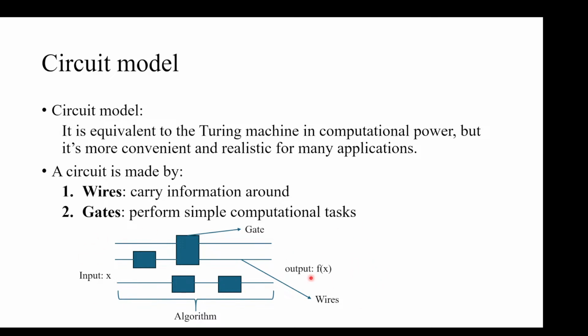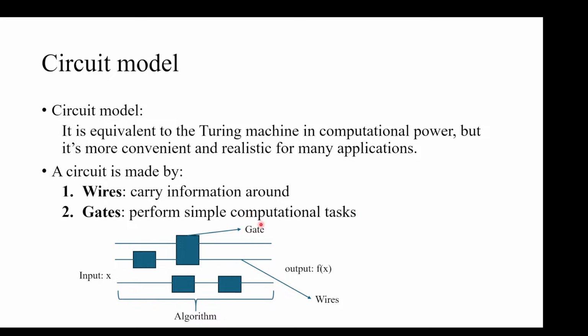Okay, I guess I should not say fixed input, but anyway, we want the algorithm to give you the correct input-output relation. But anyway, what's a circuit model? The circuit model is composed of basically two things: wires and gates.